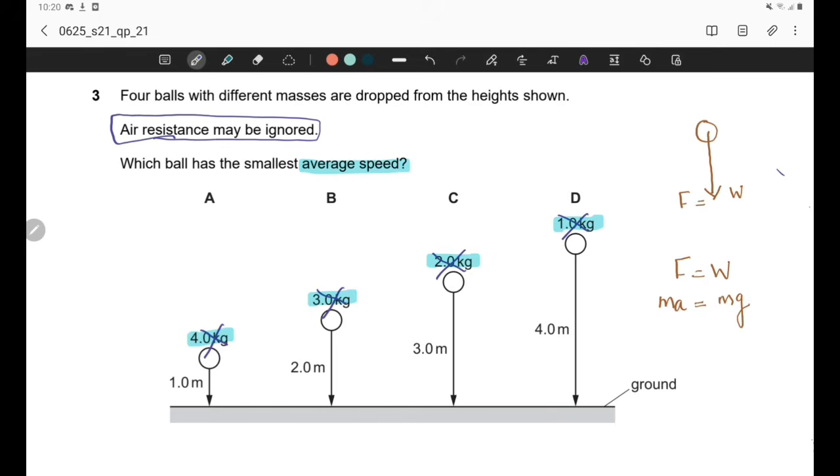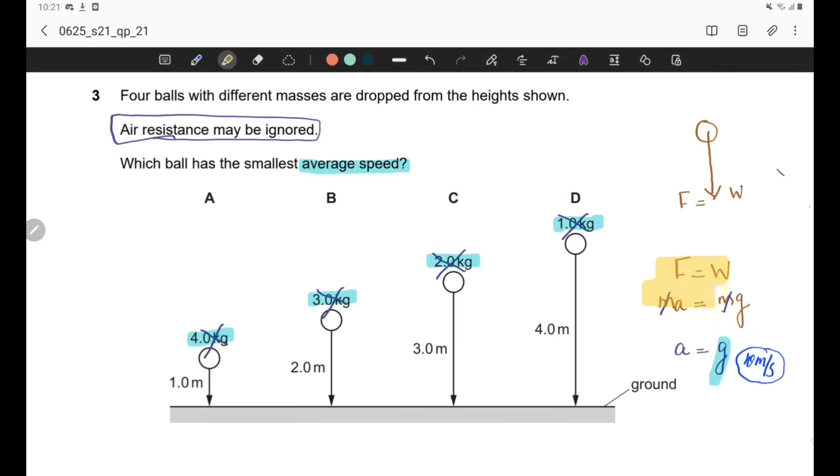Now look at the equation where mass is common on both sides, so we can cancel. So we will get the acceleration, or the amount of increase in speed, only depends on the g value. Where g is nothing but the acceleration due to gravity or gravitational field strength, and that value is 10 meter per second squared for Earth.